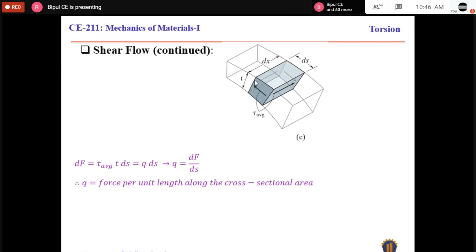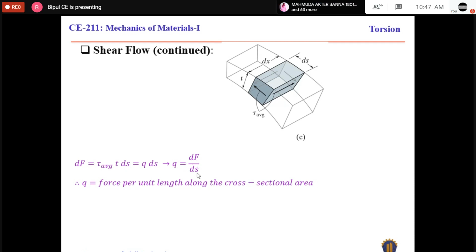So the total shear force acting on this small element will be dF. We know tau average t equals q, that means shear flow, and ds is constant. So from here q will be dF by ds, and that is again the shear flow.